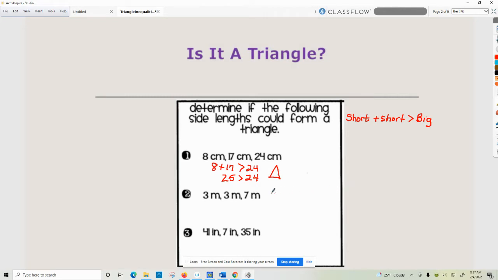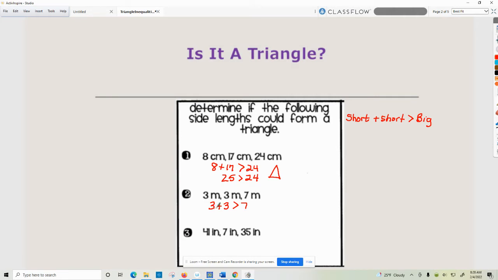Okay. In the next example, example 2, we have two sides that are the same. So they just happen to be our shortest sides. So we're going to take our 3 plus our 3 being greater than 7.